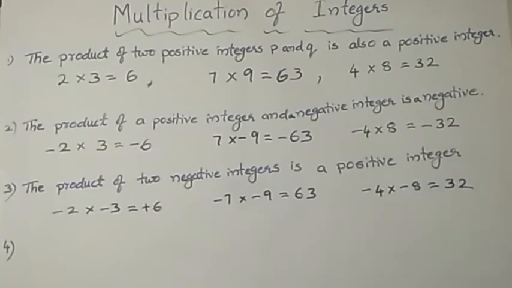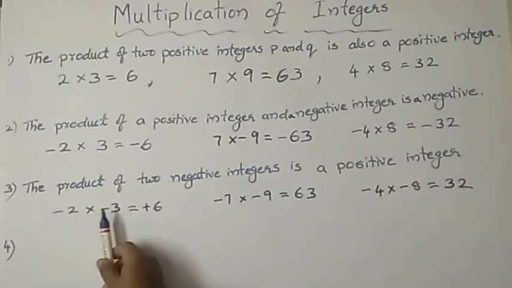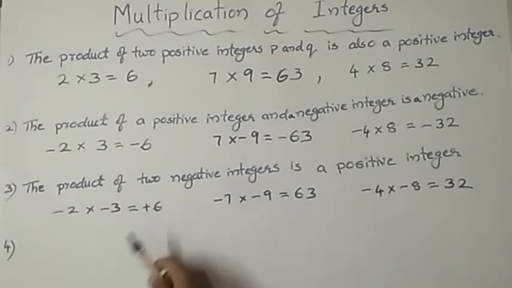The first one is product of the two positive integers p and q is also a positive integer. Second one is product of a positive integer and a negative integer is a negative integer. Third one is the product of the two negative integers is a positive integer. See, I taken here the two negative integers and I did the product. So then the result is a positive.